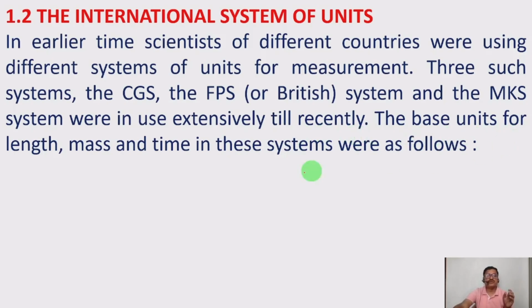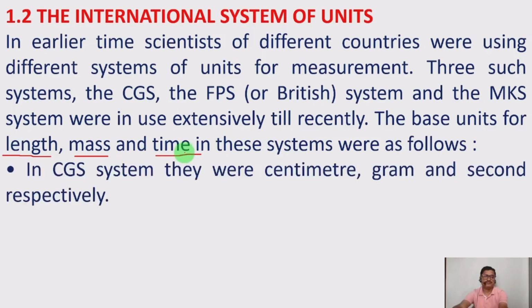The base units for length, mass, and time in these systems were as follows. Length, mass, and time are the base physical quantities, and in these three systems we look at their base units.